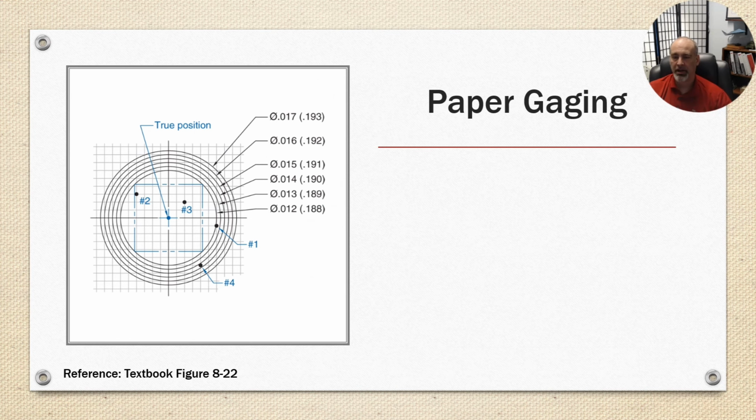Okay, so here's a method called paper gauging. You basically plot the points on a template like this. The number of rings in the circles depends on the tolerance of the hole diameter.